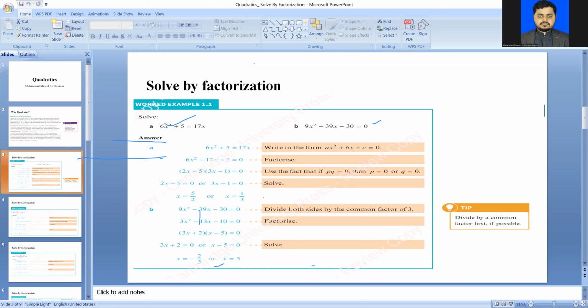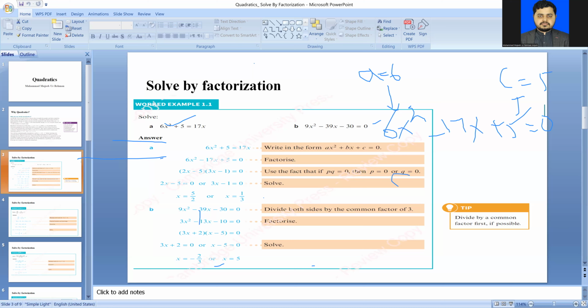Now we will work on the first technique. This is 6x squared minus 17x plus 5 equals 0. And note that here a is 6, the second degree parameter, and c is 5.